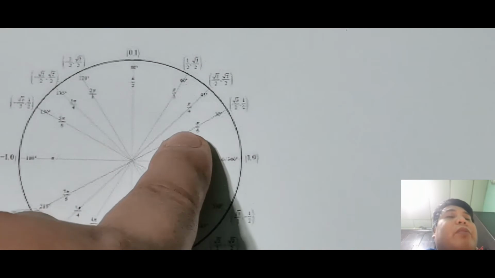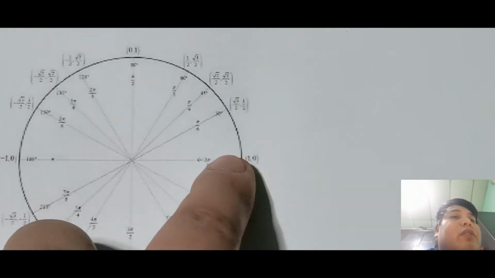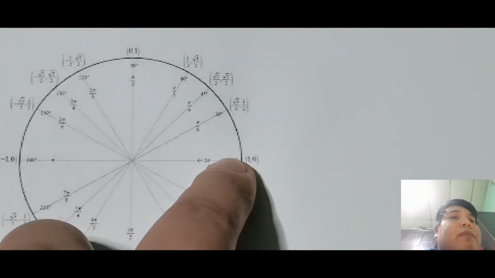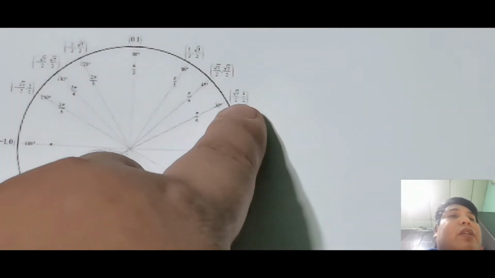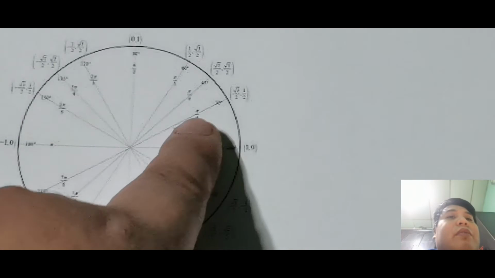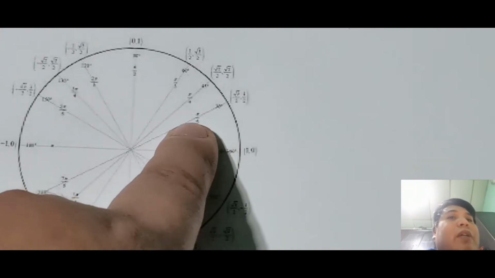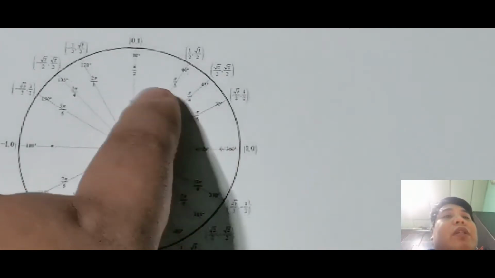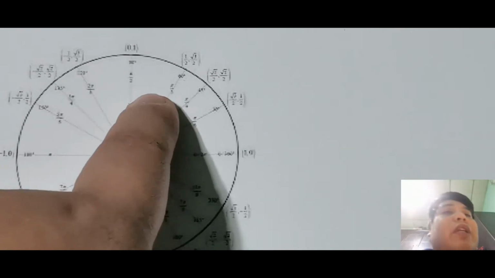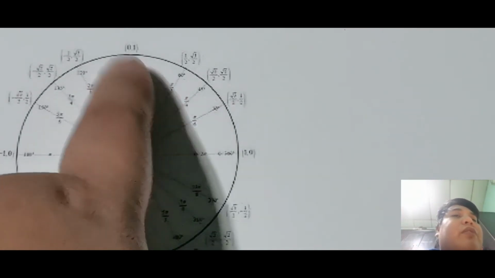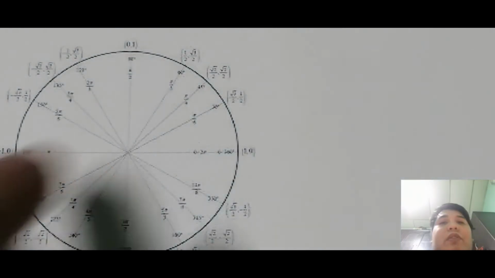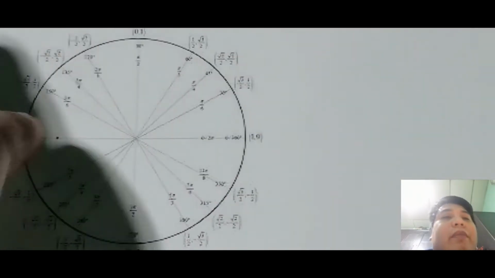Ito ay 0 degrees, 360. Ito yung mga first coordinate niya, first coordinate yung nasa una, second coordinate yung pangalawa. Ito yung 30 degrees, pi over 6, then pi over 3, that is 60 degrees. Ito 45 degrees, pi over 4, that's pi over 2, 90 degrees. Sorry about that, magpo-provide ako ng eksakto nyan.